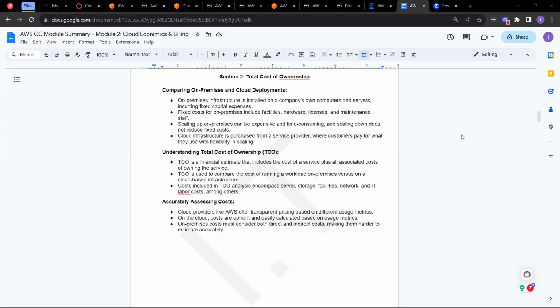So if you are comparing your total cost of ownership from on-prem to that of the cloud, you have to consider all those things. How much it costs you to put up the data center, buying the servers, terminating your cables, putting everything together, power, your internet cost, the labor, the person that manages the data center.